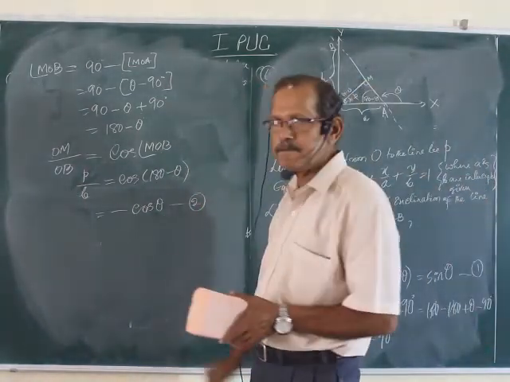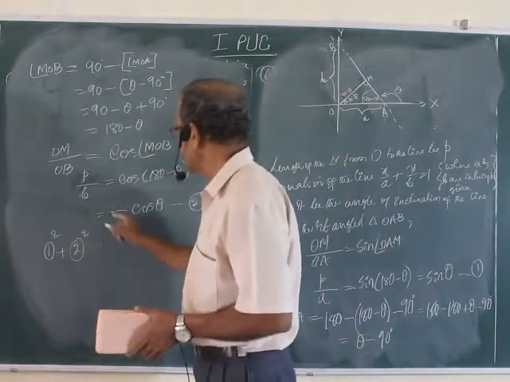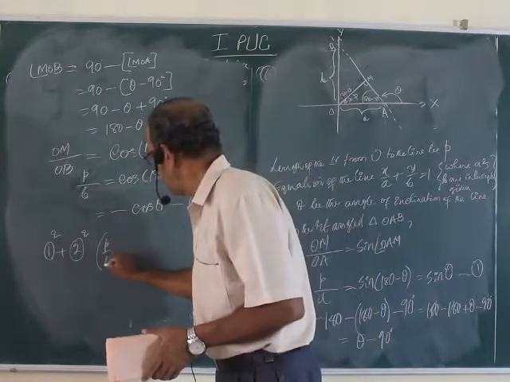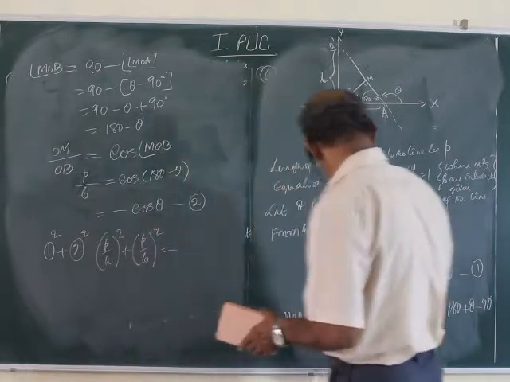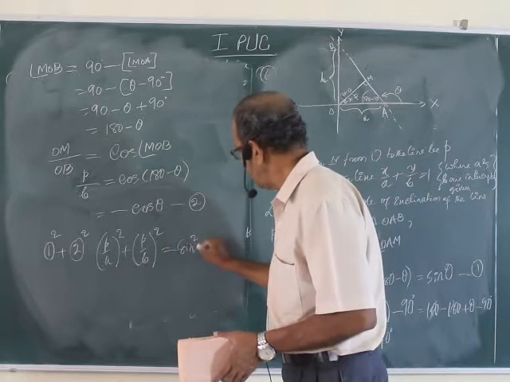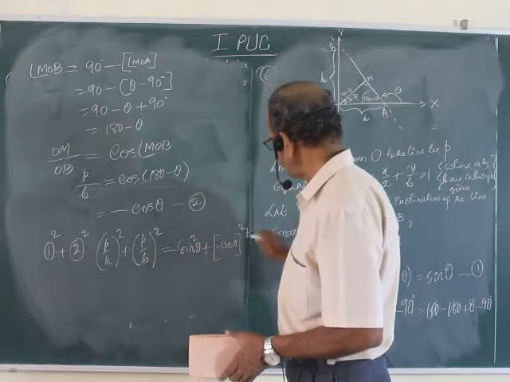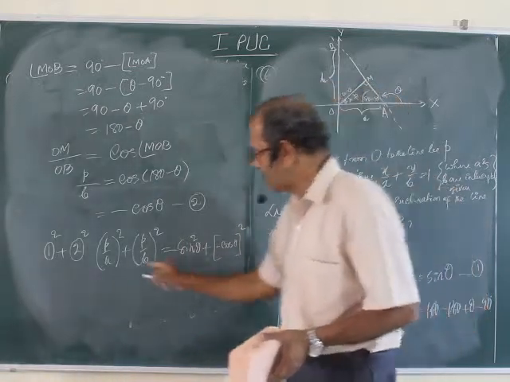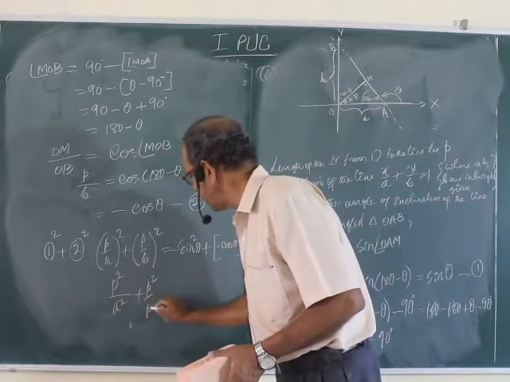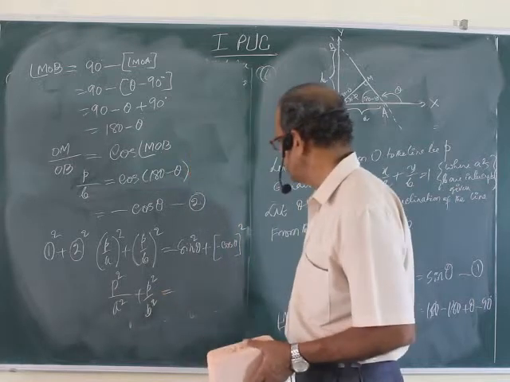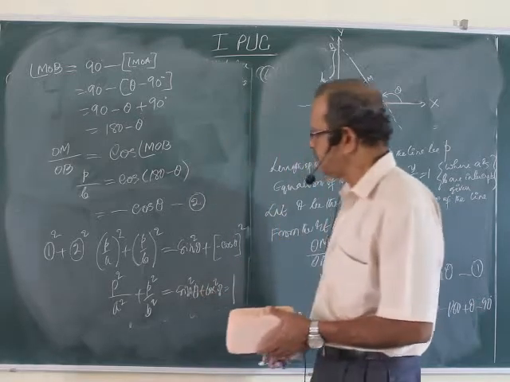This is equation 2. Just equation 1 square plus equation 2 square, what do you get? P by A square plus P by B square equal to sin theta square plus minus cos theta square. You get P square by A square plus P square by B square equal to sin square theta plus cos square theta, which is equal to 1.